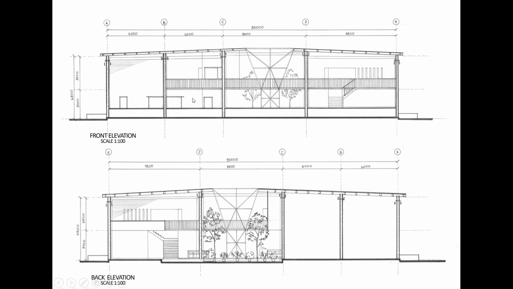These weather blinds will block out all the rain from entering into the community space. And from this front elevation, we can also see that this is a low wall. This low wall is basically just to differentiate the interior and exterior of this community space.